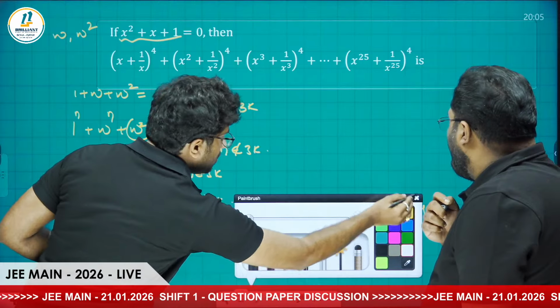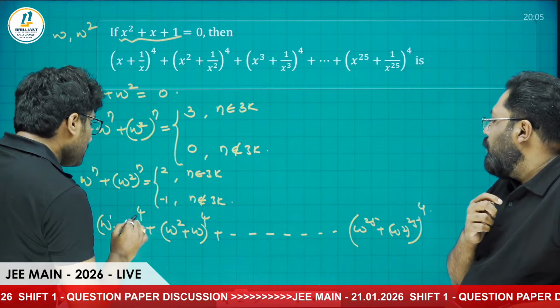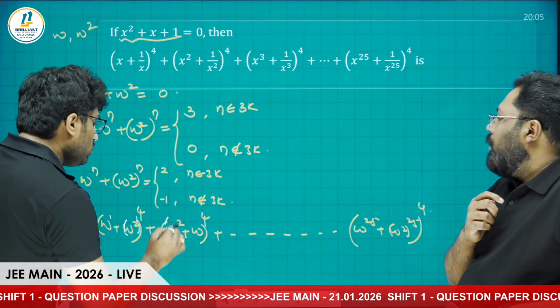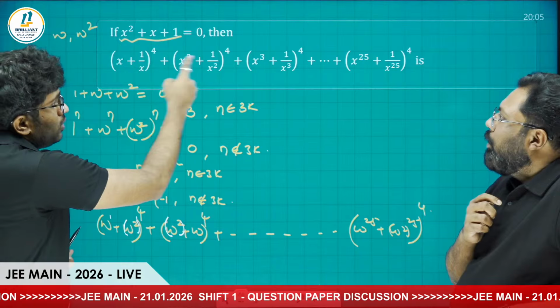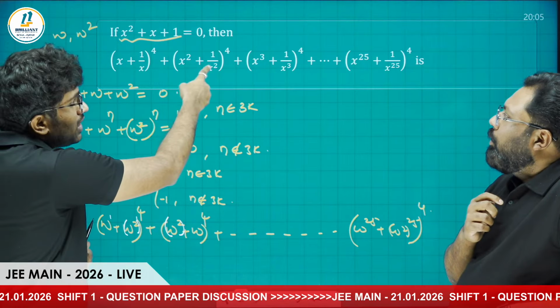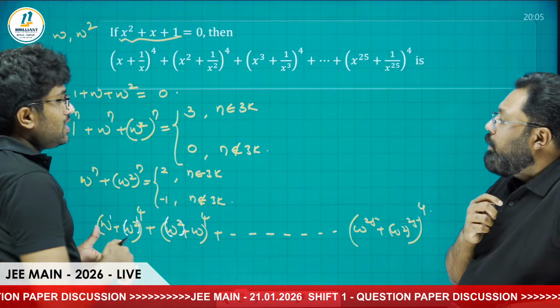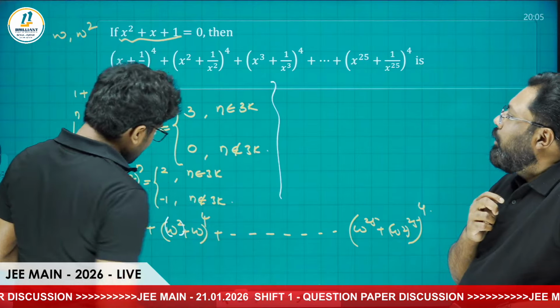Now we should know among 1 to 25 how many multiples of 3 we have. Starting from 3 ending with 24, we will be having 8 multiples of 3. So for all those 8 multiples, omega plus omega square will always be 2.